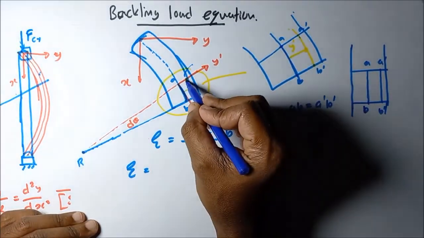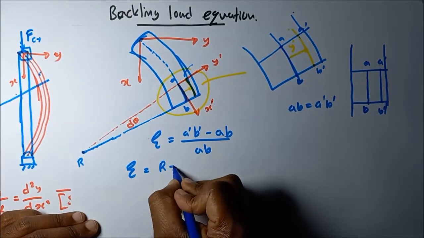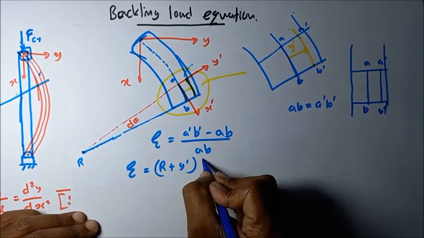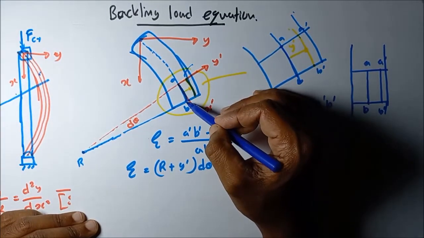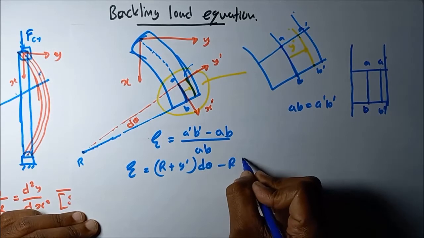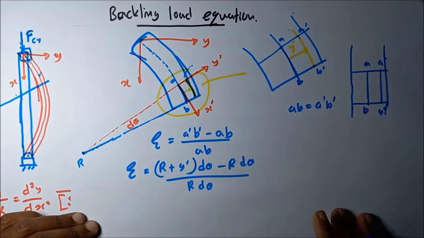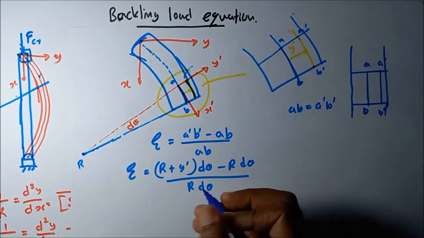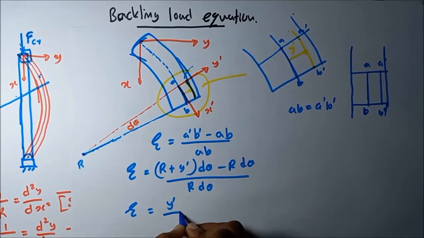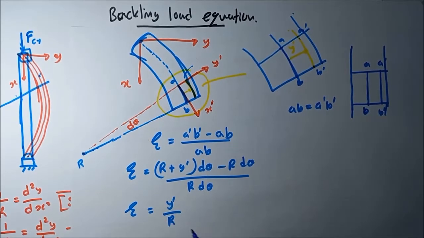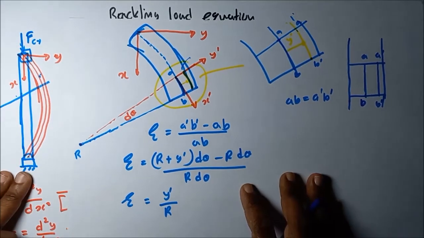From this diagram, A dash B dash is (R plus y dash) d theta, and AB is R d theta, divided by original length R d theta. We can simplify this equation. The strain is equal to y dash divided by R.